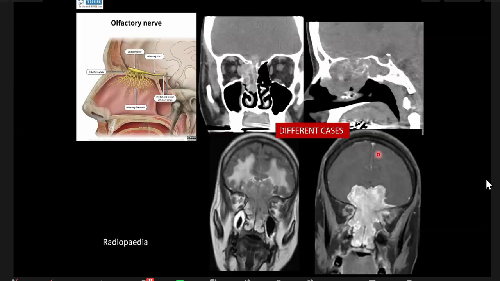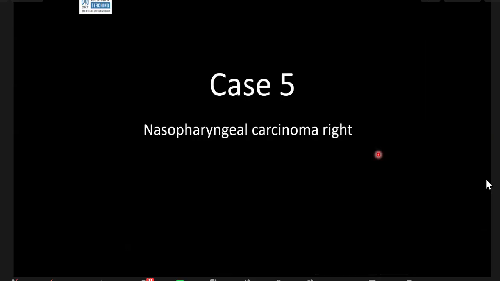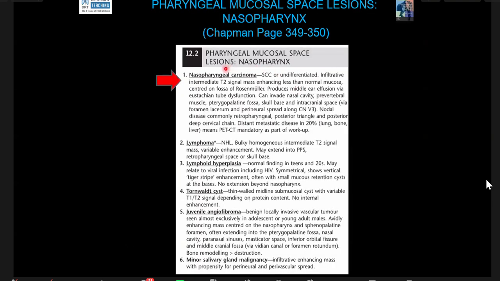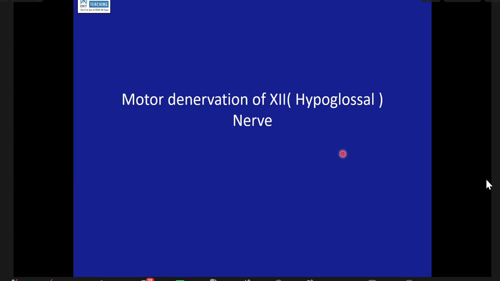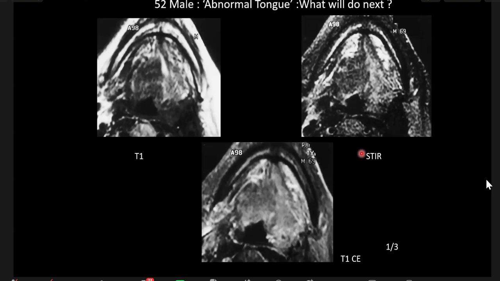And just to make a point about nasopharyngeal carcinoma, this is the pharyngeal mucosal space, with motor denervation of the hypoglossal nerve. And please remember that this has come in the exam and is expected.